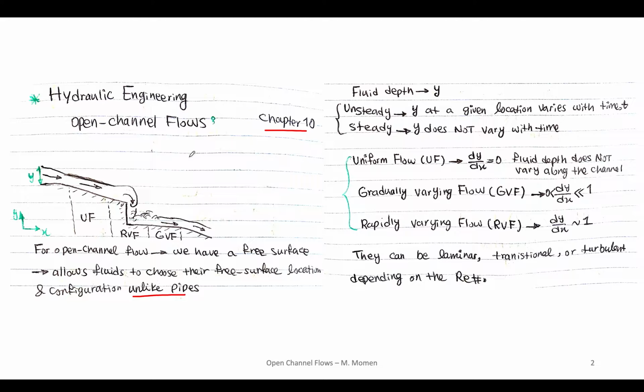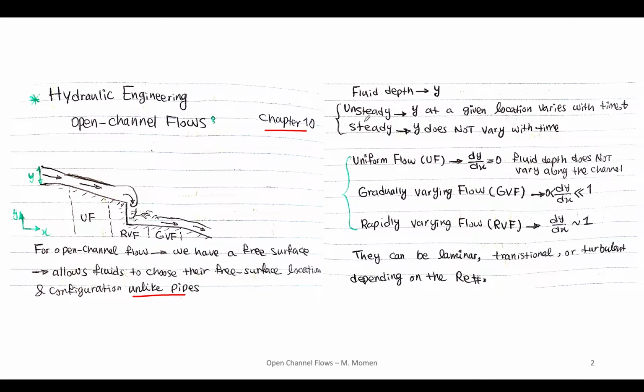So again, we show the fluid depth here as y, and I want to define some terms that are common in these systems. Some of these we have already seen, and some of these are new. For example, steadiness, which we have seen before.